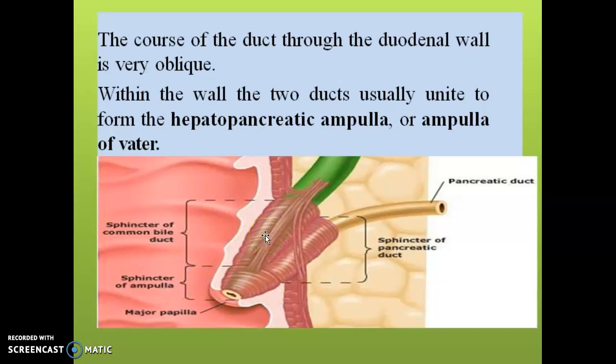The course of the duct through the duodenal wall is very oblique, and within the wall the two ducts usually unite to form the hepatopancreatic ampulla or ampulla of Vater.